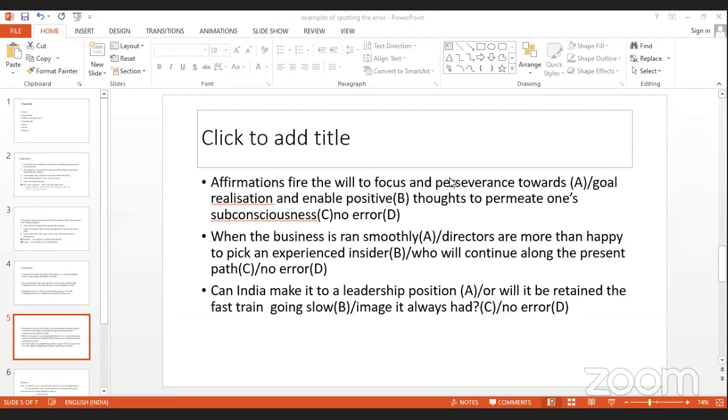Ansh seems to know all the answers. When the business is ran smoothly, directors are more than happy to pick an experienced insider. When you read the first sentence itself, you will understand that there is some error. So the error is in A.